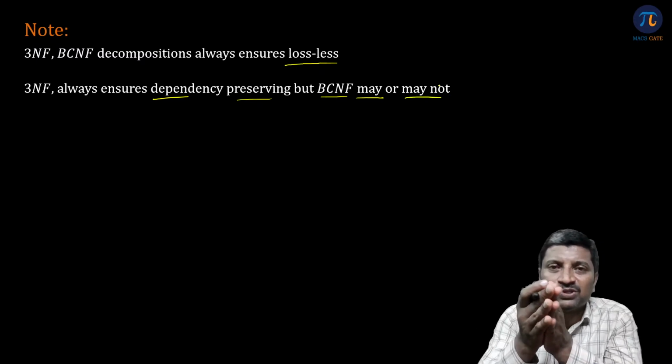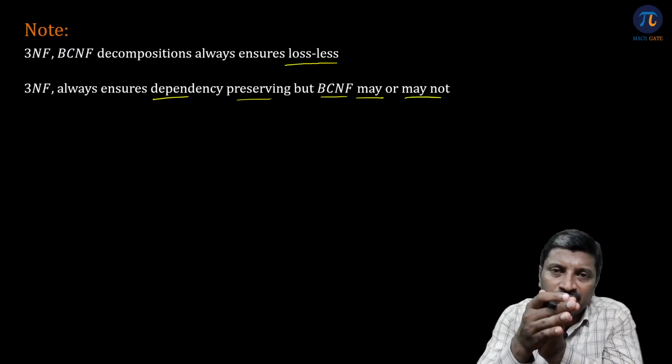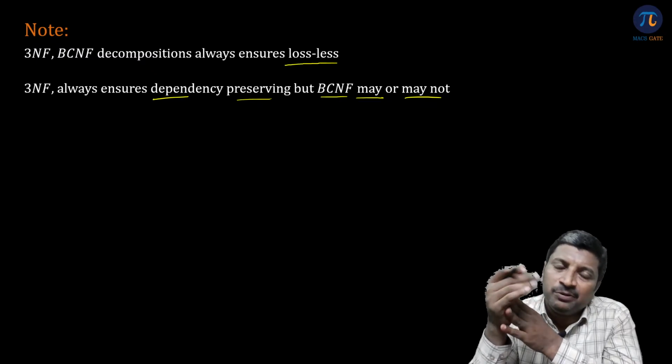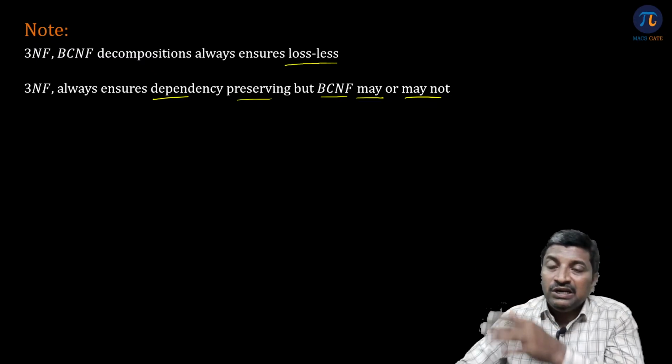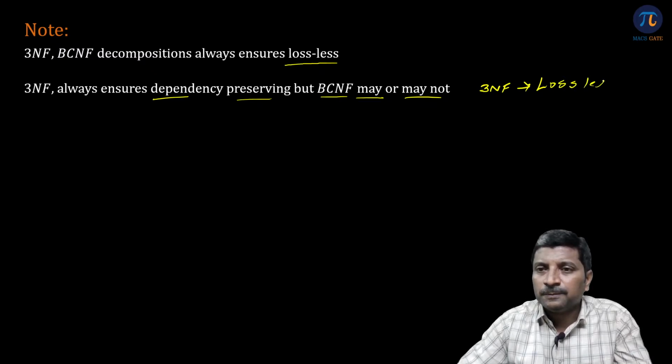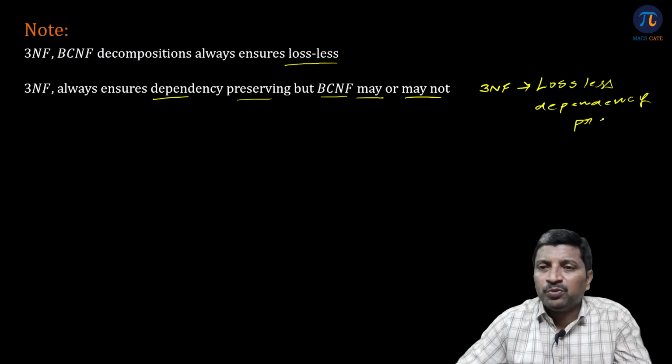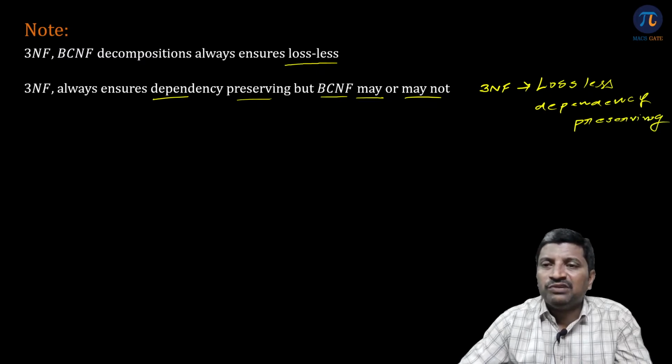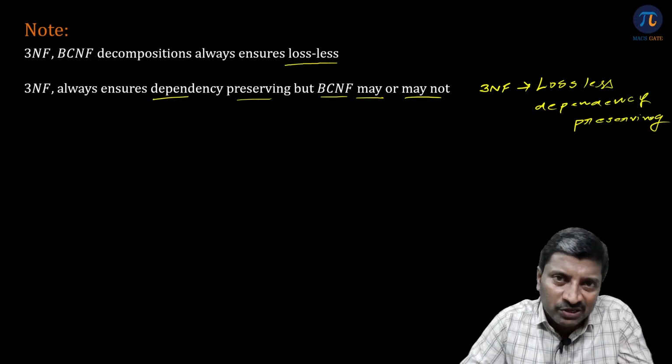Whenever I decompose the relation according to 3NF, surely it will satisfy dependency preserving also. That means with 3NF decomposition, I will have lossless as well as dependency preserving. So no need to verify these two properties. Whenever you decompose with respect to 3NF, the decomposition will always satisfy these two properties.